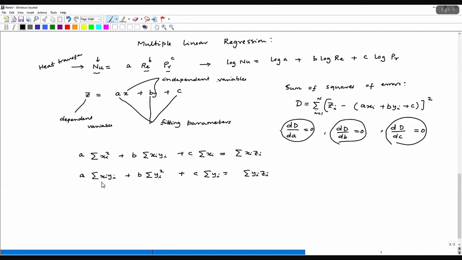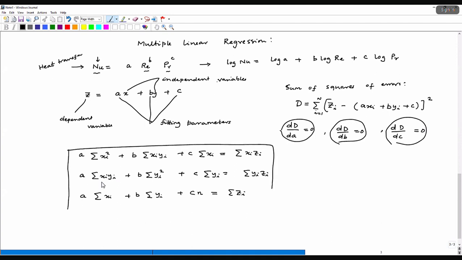The third condition would give you A sum of xi plus B sum of yi plus C times n will be equal to sum of zi. So these three equations need to be solved to get the values of A, B, and C.